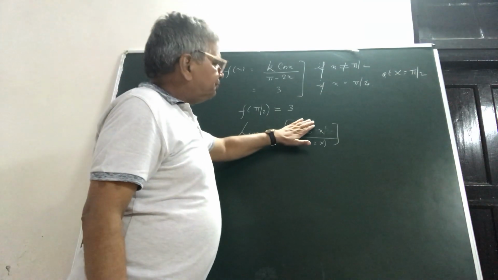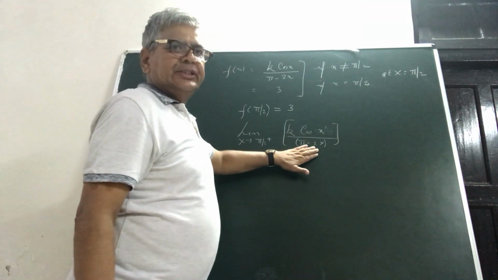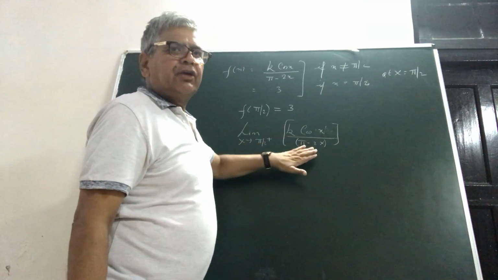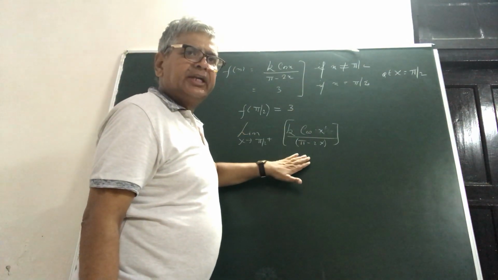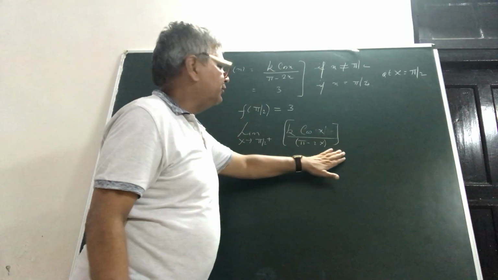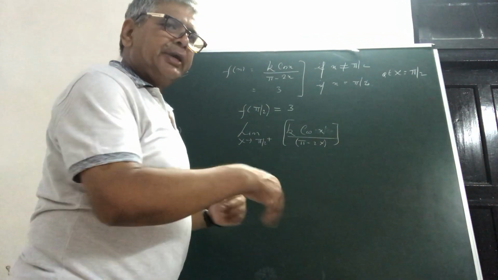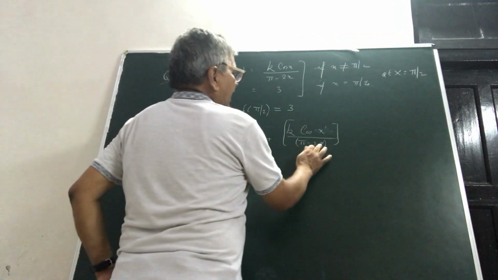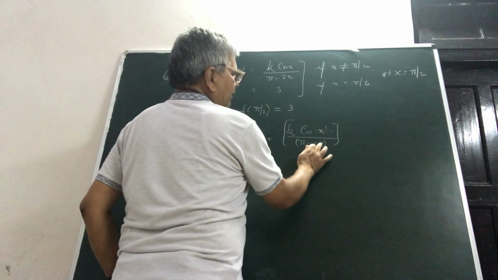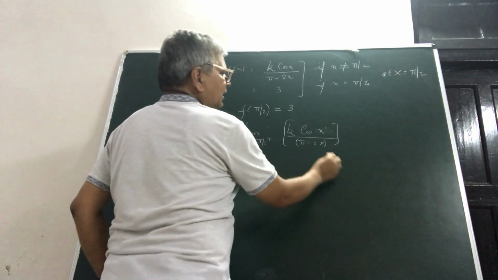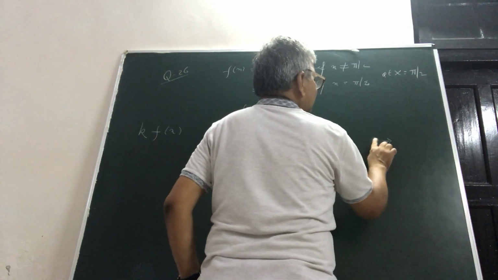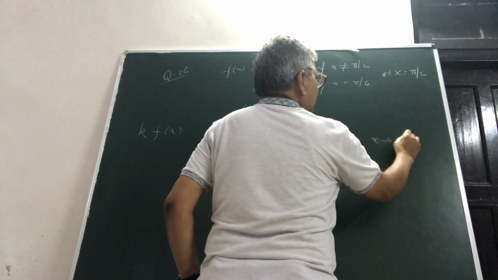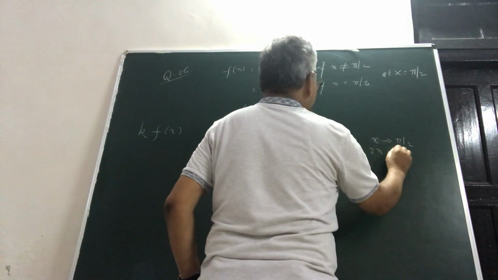And this rational function, this quotient of two functions, if the numerator is continuous, the denominator is continuous, and the denominator is not equal to 0, all these things are automatically happening. Here, when x is tending towards pi by 2, naturally 2x will tend to pi.